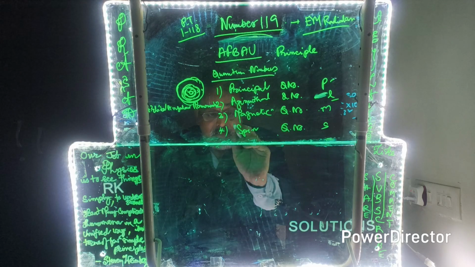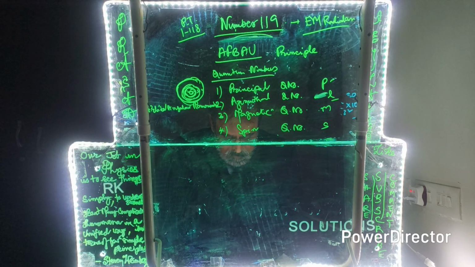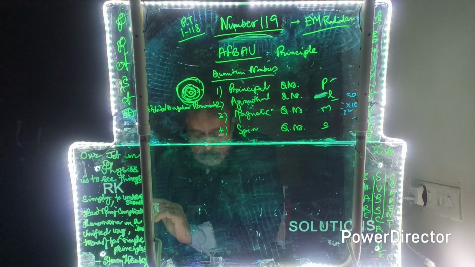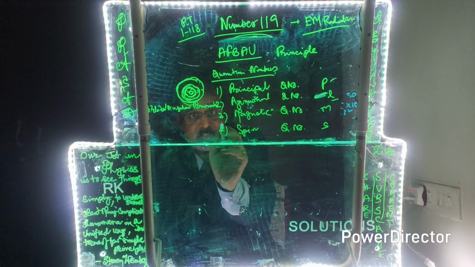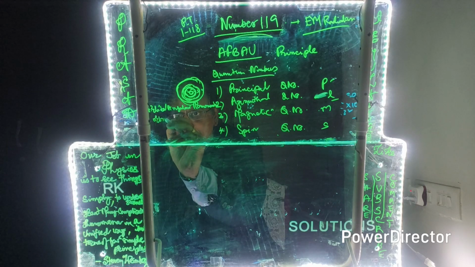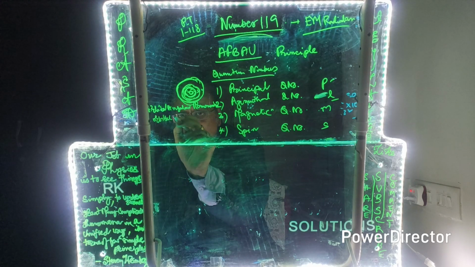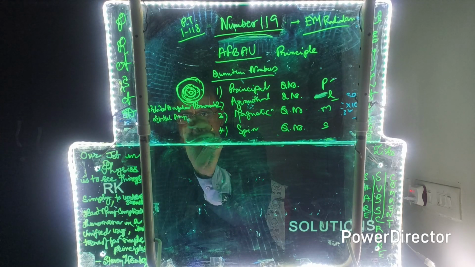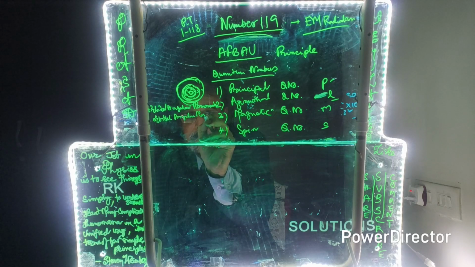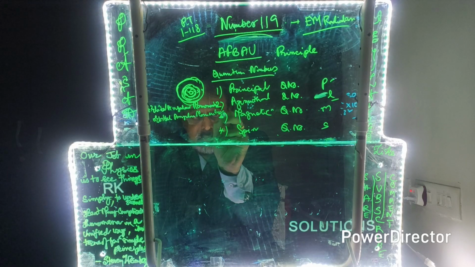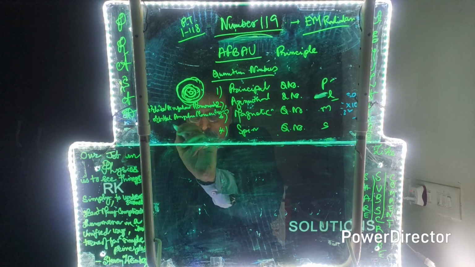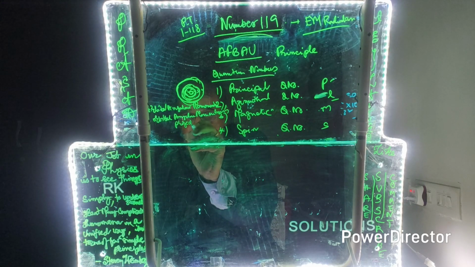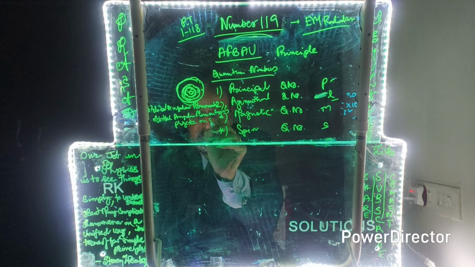And then the magnetic quantum number. The magnetic quantum number provides the orbital angular momentum's projection on a specified axis.